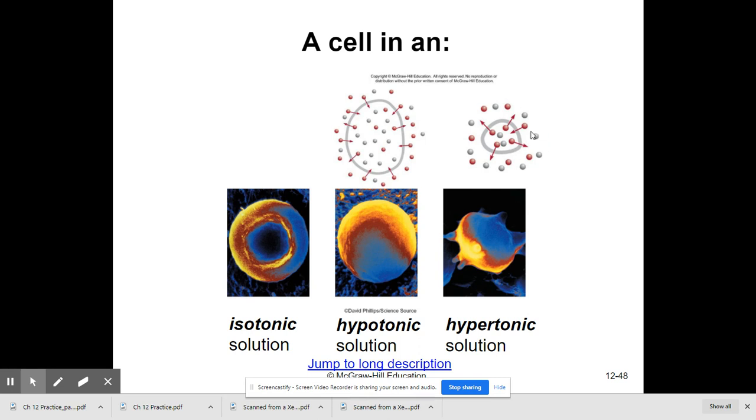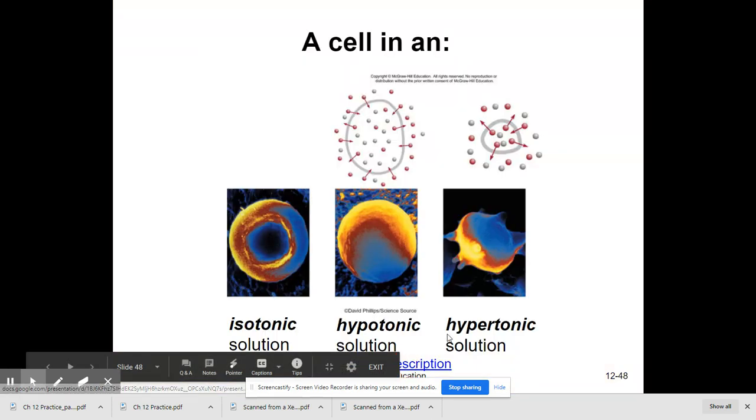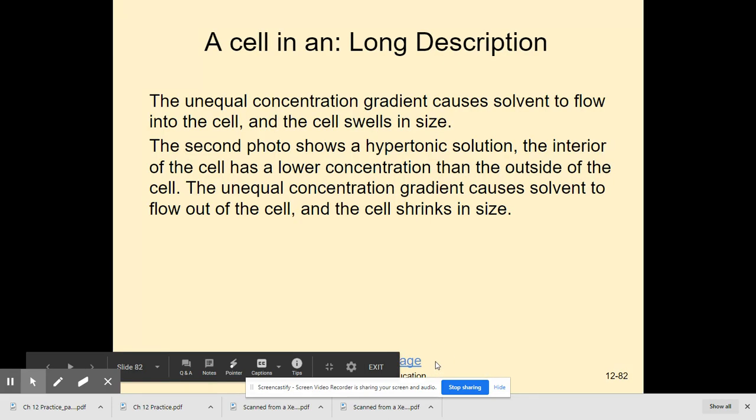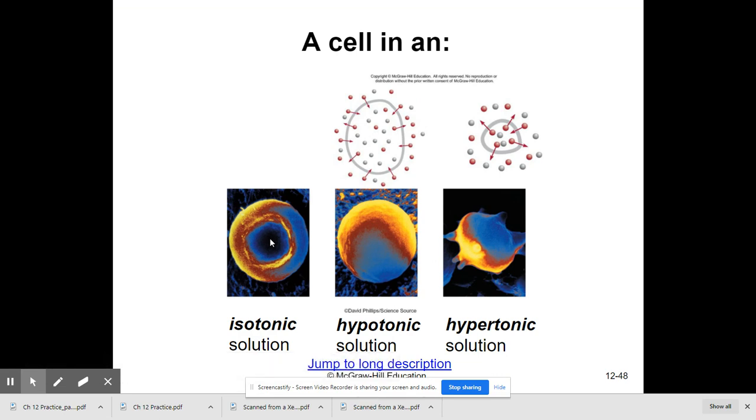Hypertonic, it's going to flow... I had that wrong. What did we just say? Second photo, hypertonic, because I'm looking at the wrong one. So hypertonic is where the concentration flows out of the cell, the cell gets smaller, compared to the initial.